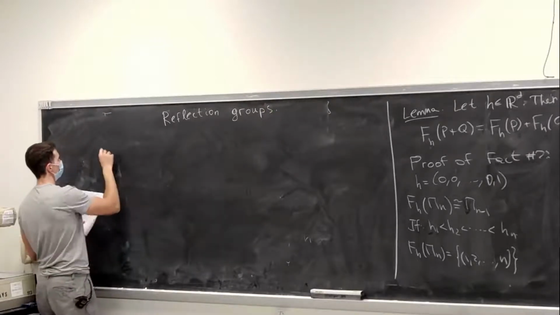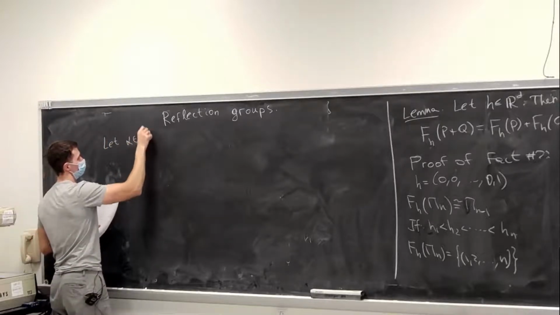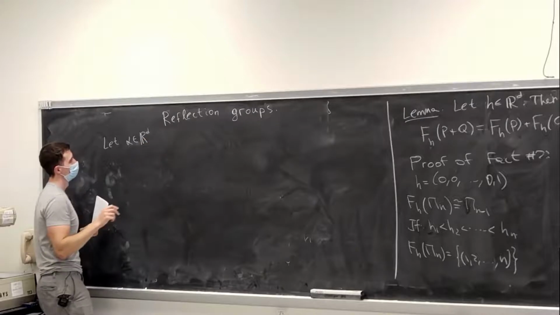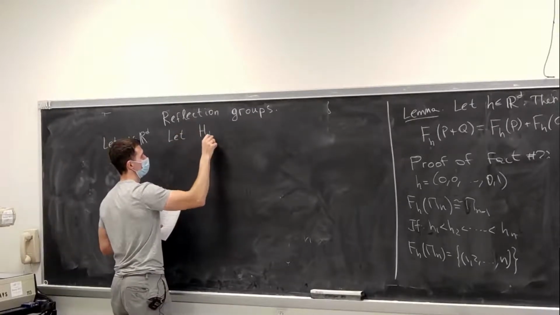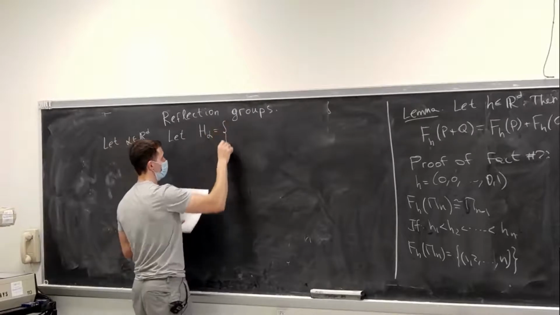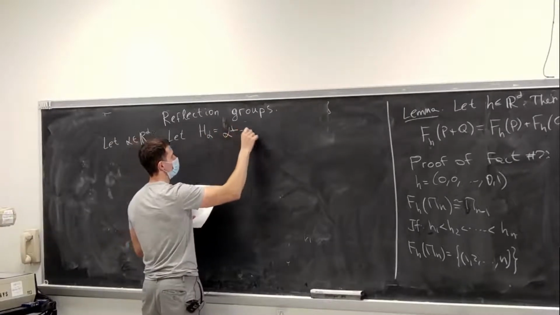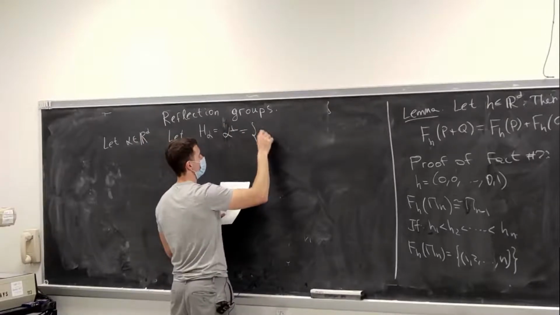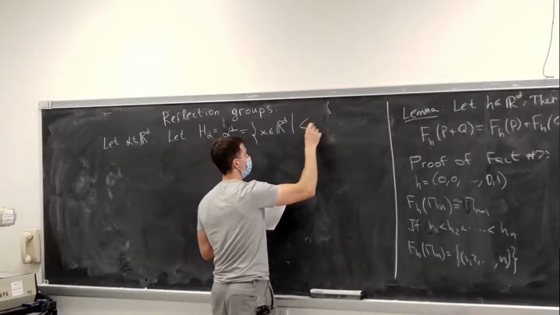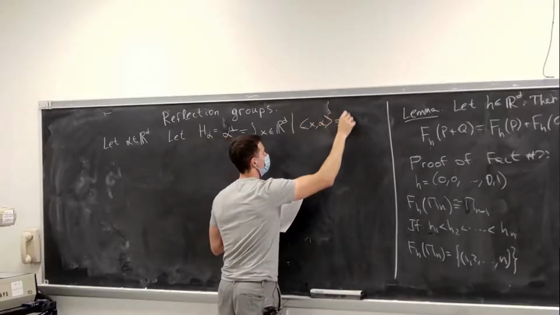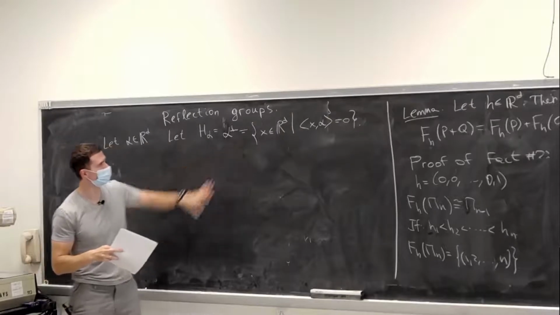So let's say you have some non-zero vector alpha. And then I'm going to denote by H_alpha the set of all vectors, basically its orthogonal complement, alpha perp. It's the hyperplane of all vectors which have dot product 0 with alpha. And later we're going to study hyperplane arrangements like this.